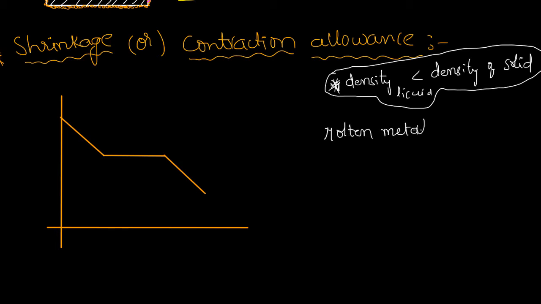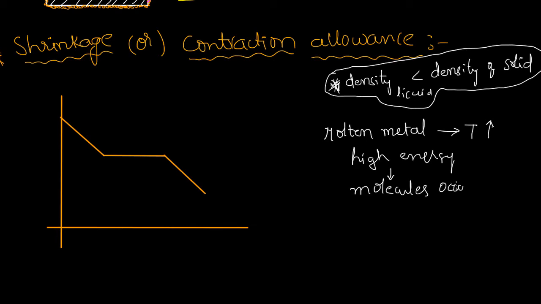That means it is at a very high temperature. The temperature of molten metal is very high. That means it has very high energy. At high energy, molecules will occupy more volume. Why do the molecules occupy more volume? Because of intermolecular vibrations.